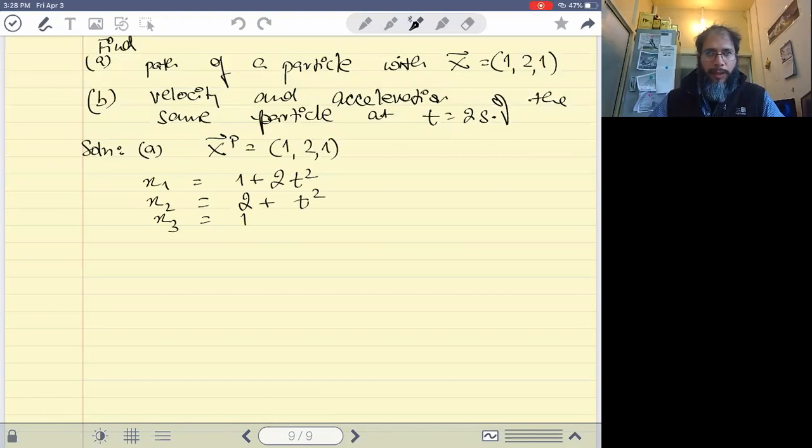I have simply substituted the capital X vector equal to (1, 2, 1) in the chi function, which denotes the path, or the motion, of the body.